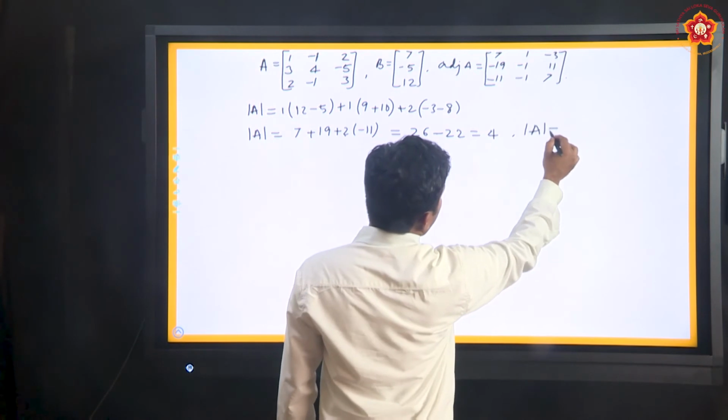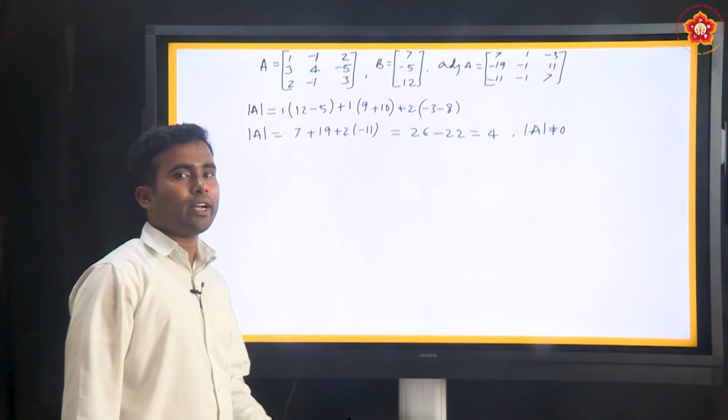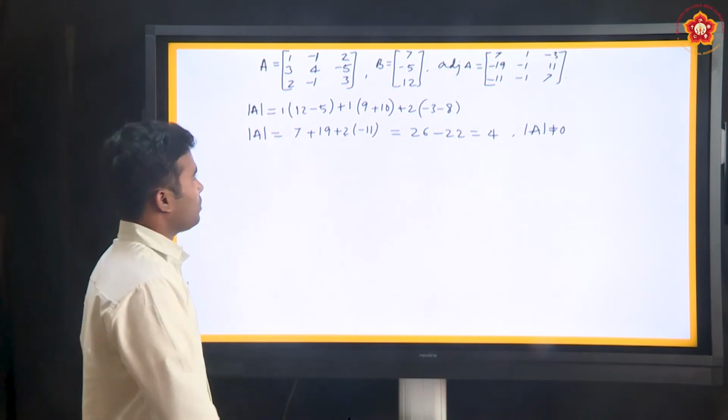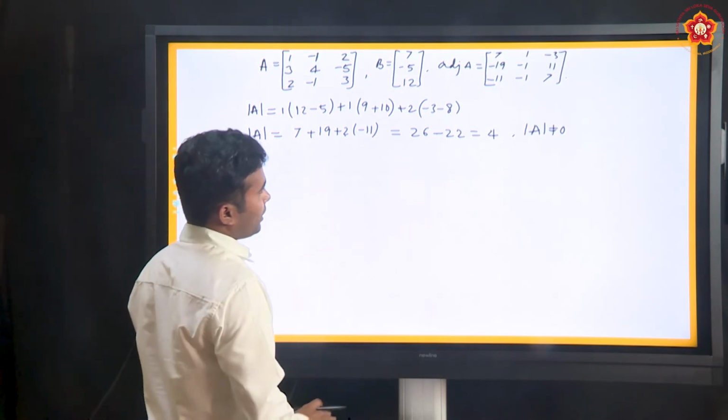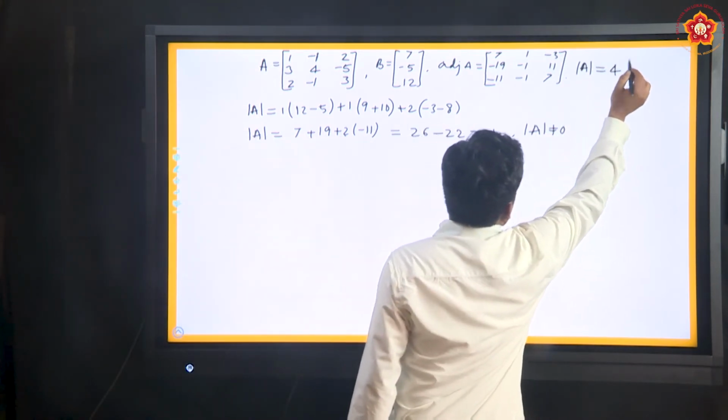Anyhow, the determinant is not equal to 0. In the beginning we discussed that if the determinant is not equal to 0, then only we are able to find the inverse of A. So, here the determinant of A is 4. Okay.